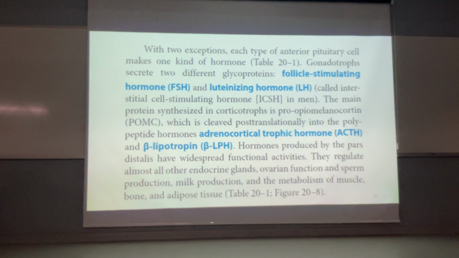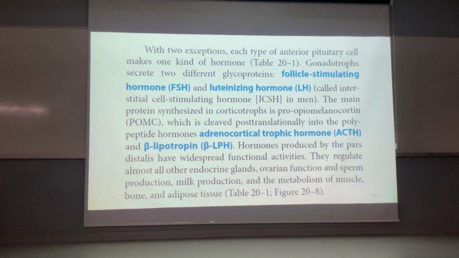The gonadotropes, a type of basophilic cells, can produce two types of hormone, follicle stimulating hormone and LH, or luteinizing hormone. And also the hormones produced from the corticotrope cells.